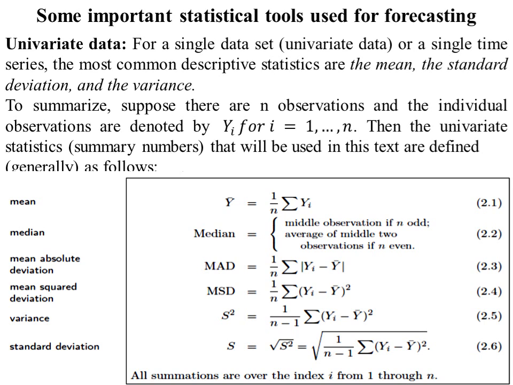Univariate means single data or a single variable, or a single data set. Bivariate means there are two variables, one affecting the other. Multivariate data has more than one variable.